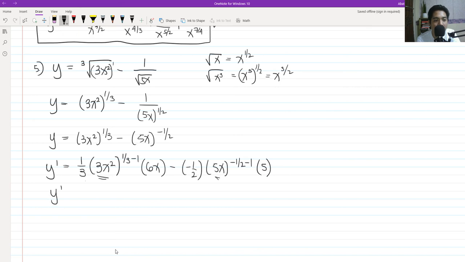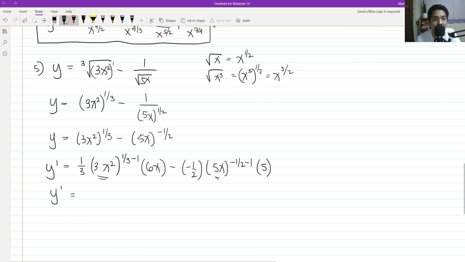So again, if we simplify all of this, the 3's will cancel, so that we have the 6x. I'm sorry, this should not cancel. Why? Because we cannot cancel these two 3's here. This 1/3 is an exponent, and this 3x squared does not have an exponent of 1, whereas it is 1/3 minus 1, so we cannot do the cancellation here.